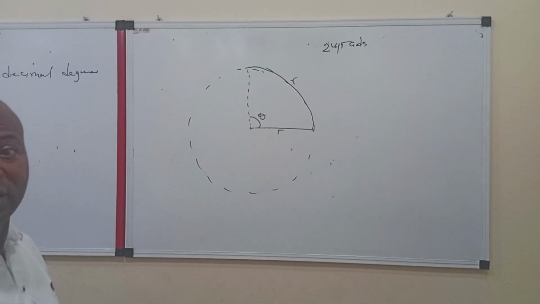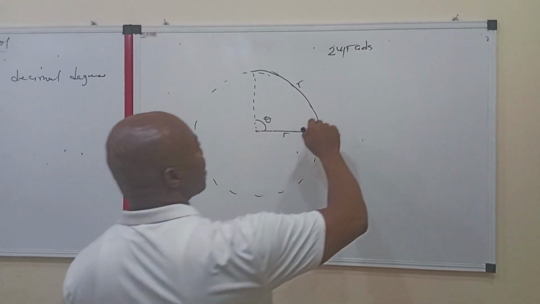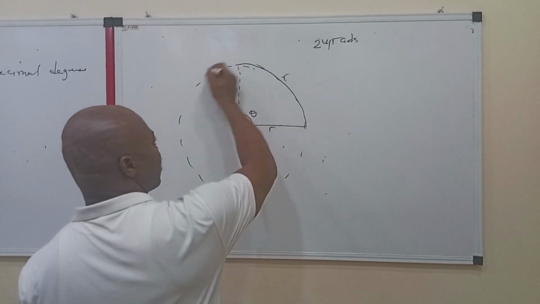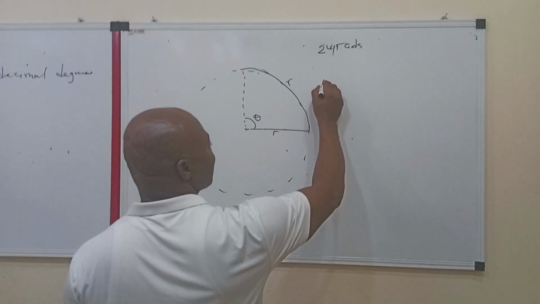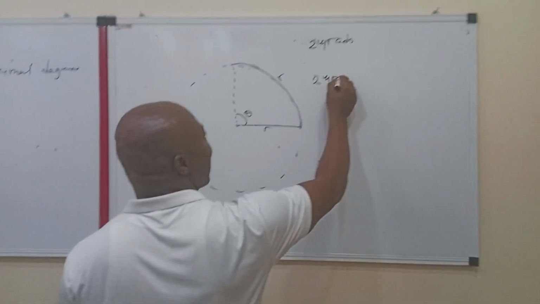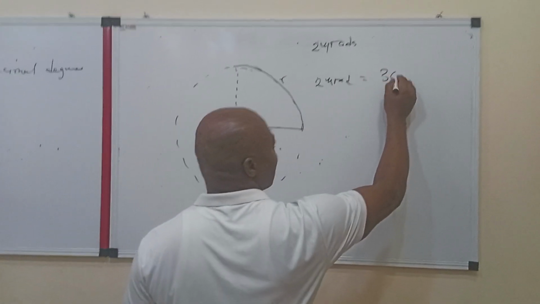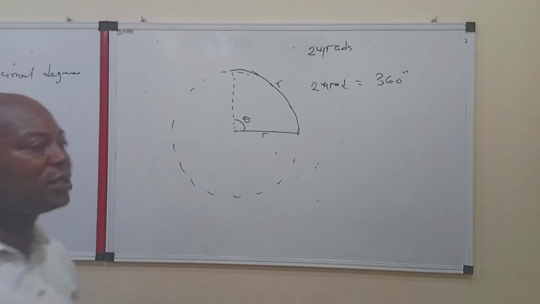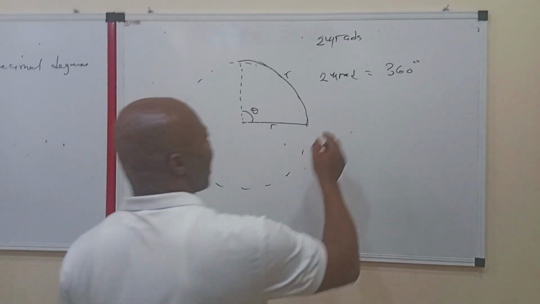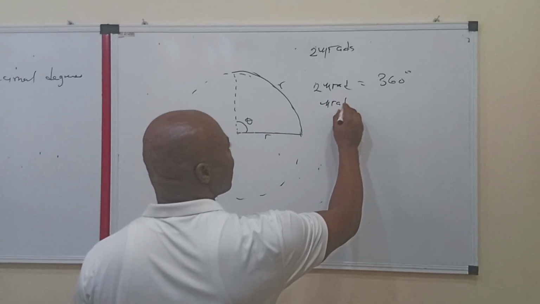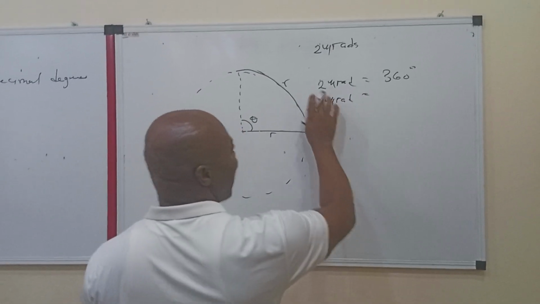Now, you can compare this with that of degrees. We said 2 pi rad is equivalent to 360 degrees. Meaning that just pi rad will give you half of this.